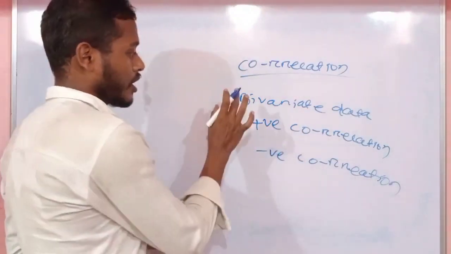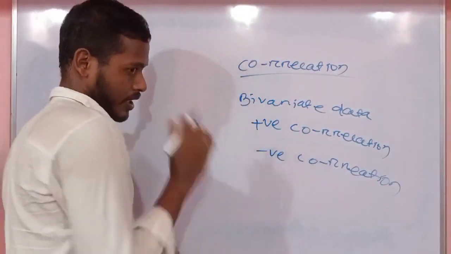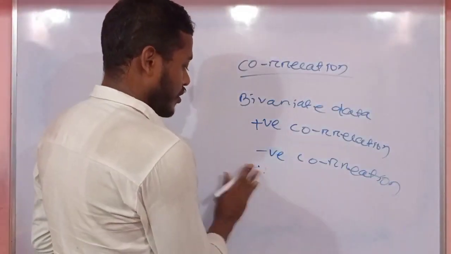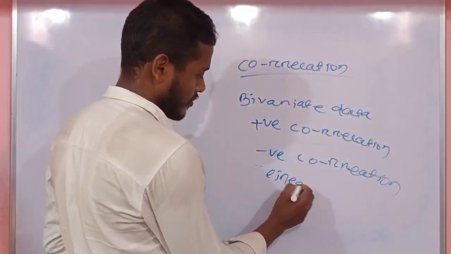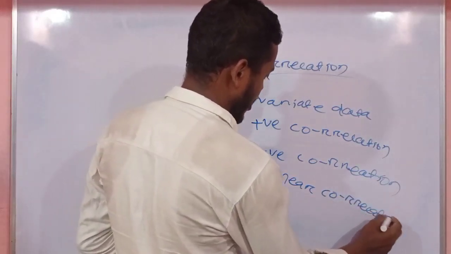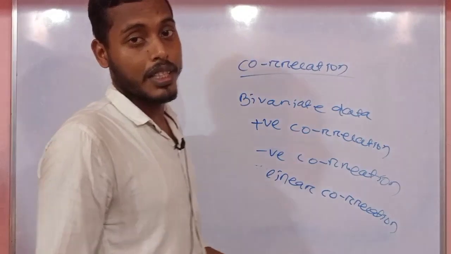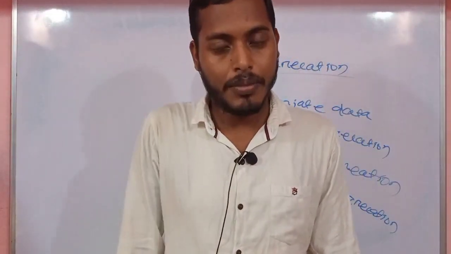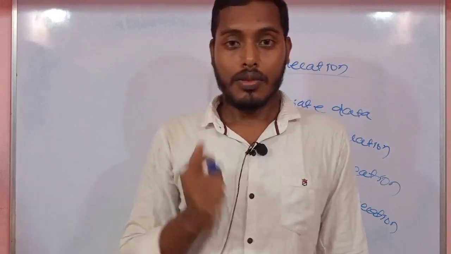After bivariate data, positive correlation and negative correlation, next is linear correlation. Two variables are said to be correlated to each other if there is a constant interval between them; this is known as linear correlation.